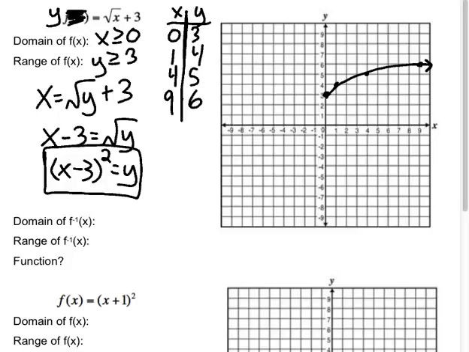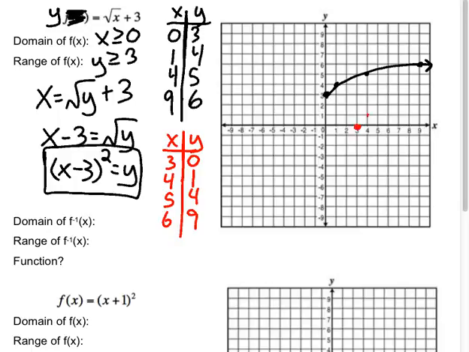Now, to graph the inverse, if you recall, inverses are literally where you just swap x and y values, right? So if I want to be clever, those 4 points that I plotted to get my graph, if I just reverse them, wouldn't that give me my new graph?